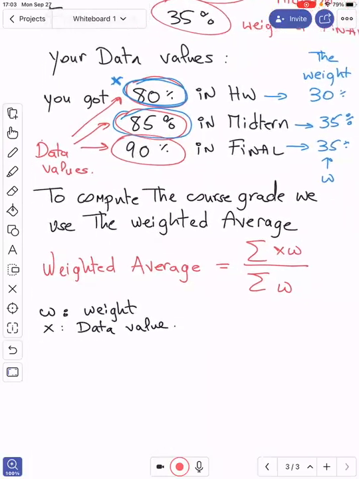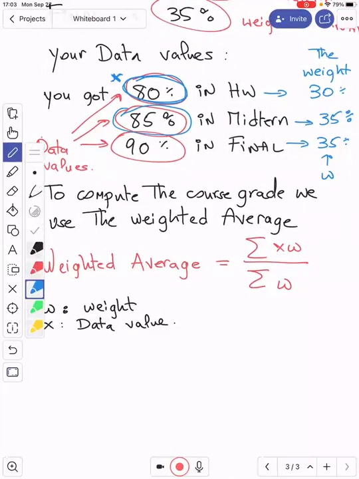All right, so let's use the formula. It says the sum of X times W. So let's start with the homework. The data value, your score in the homework, is 80%. So 80%, that's your X, your data value, times its weight.